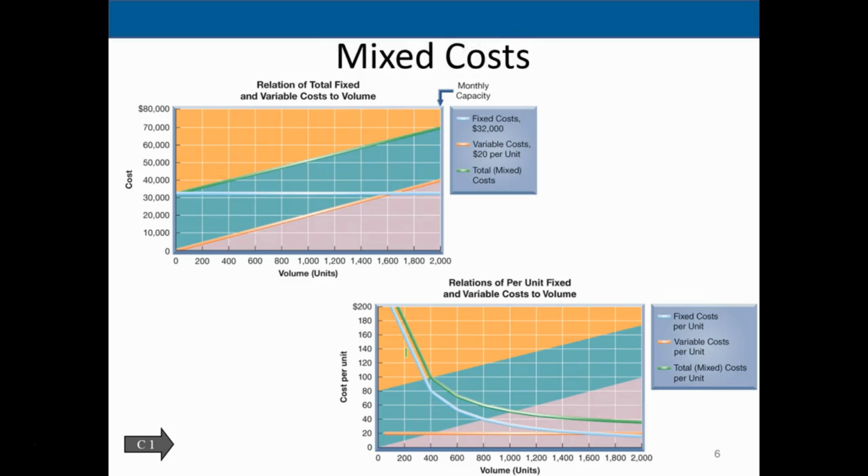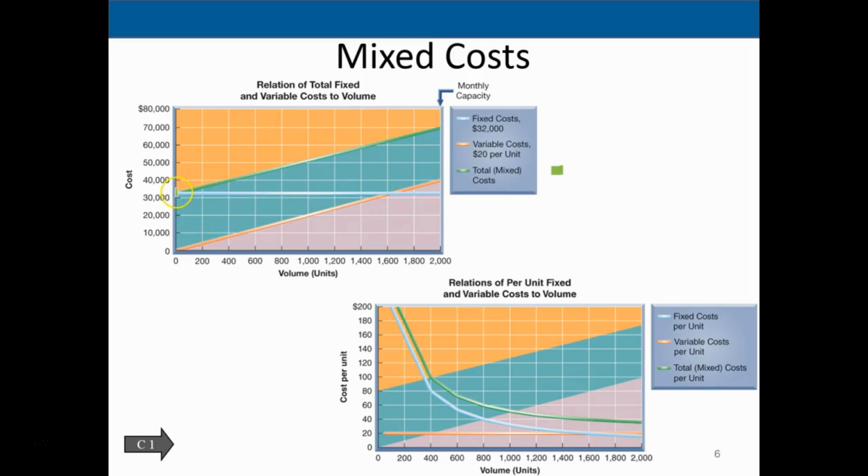And then we have the idea of mixed costs, which have a portion of variable costs and a portion of fixed costs. For example, in this case, we have the total cost represented by the green line.